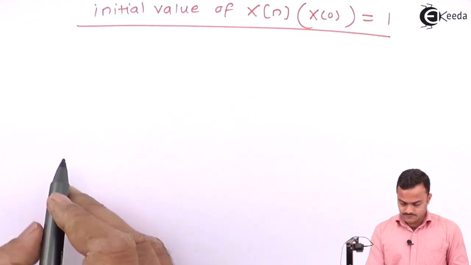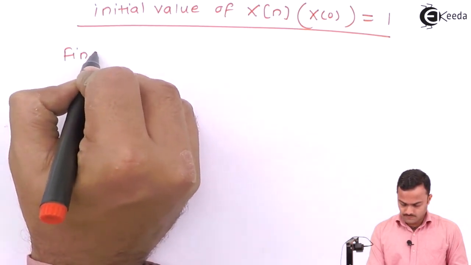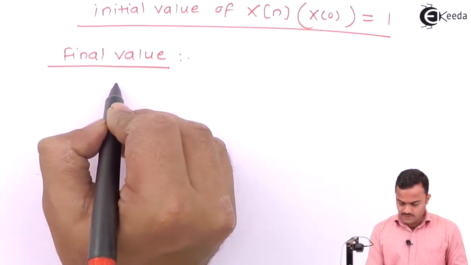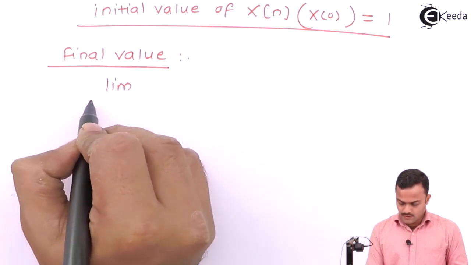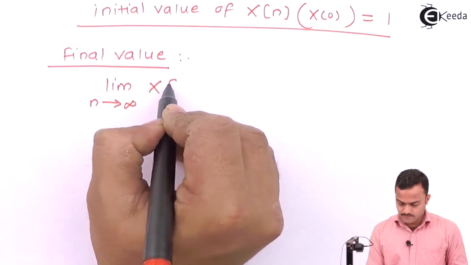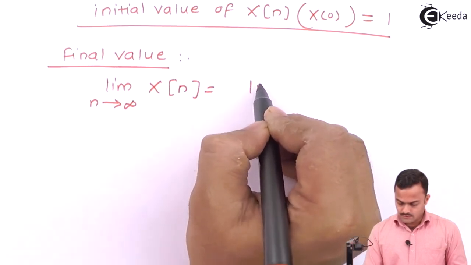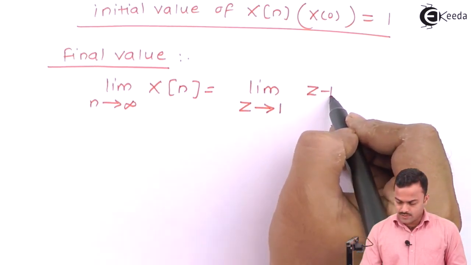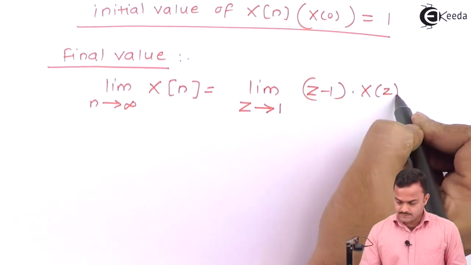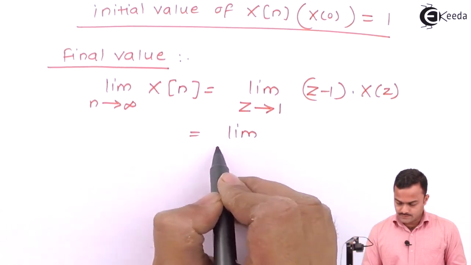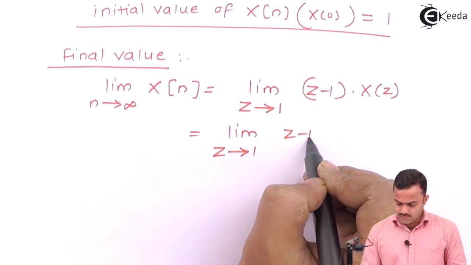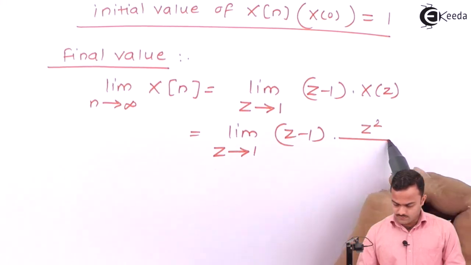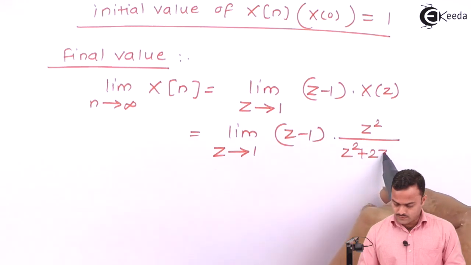Let's check the final value. For the final value, it is limit n tending to infinity x of n, which is limit z tending to 1 of z minus 1 times x of z. So this will be x of z, as we know, z square upon z square plus 2z minus 3.